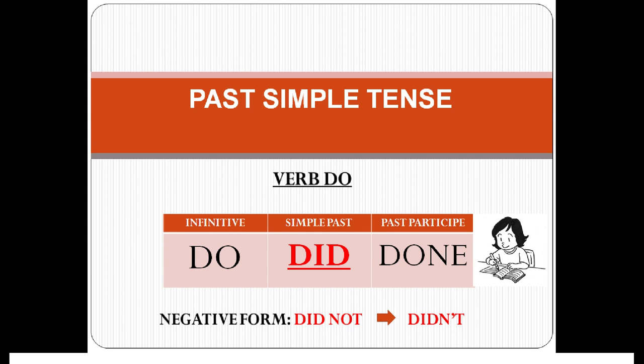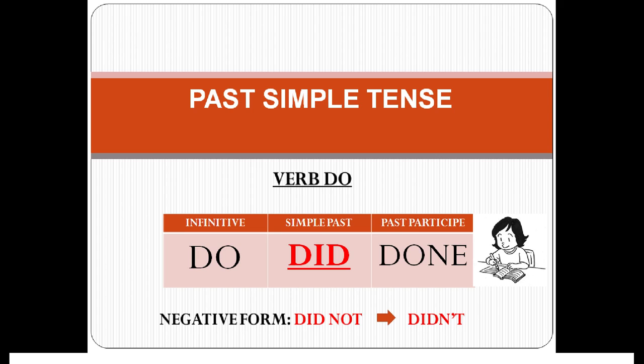I'm sure you're wondering what the word did means, and now I will explain it to you. The list of irregular verbs has 3 columns. First is the infinitive form or basic form of the verb. Second is the past simple form, which is used for past simple tense. And third is the past participle.